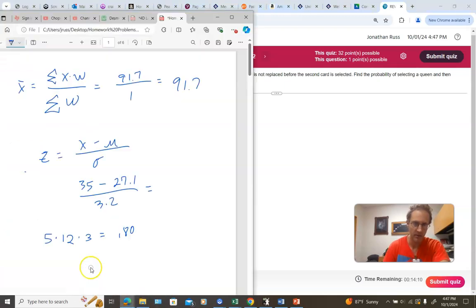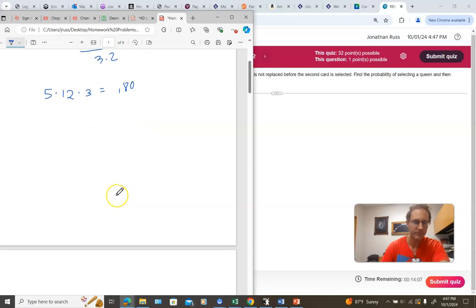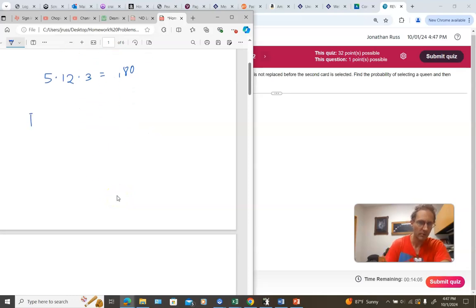Let me get my paper here. So the probability of selecting a queen, given that you've already selected a 7, okay? Well, if you've already selected a 7, then that means there's only 51 cards left.